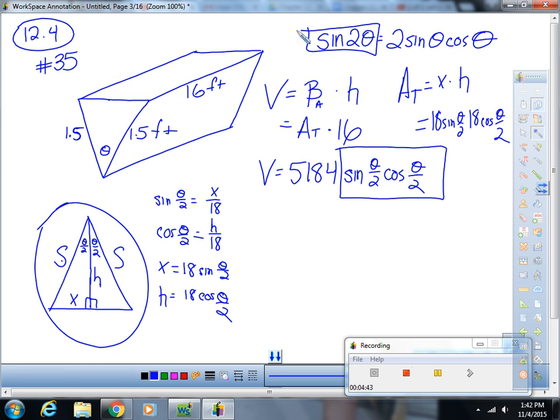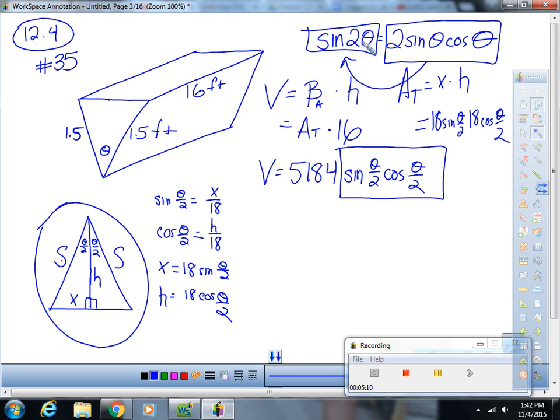So how can we make, well, this kind of looks like this. Instead of theta, we have theta over 2. And instead of 2, we have 5,184. Okay? So it looks like to go from the right side to the left side, I take my angle and I double it.